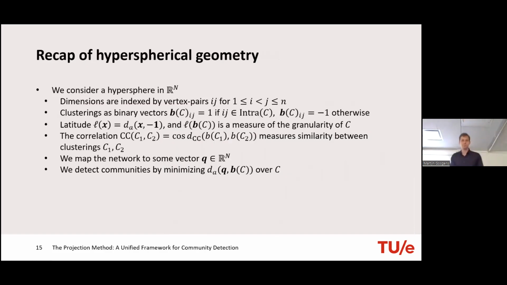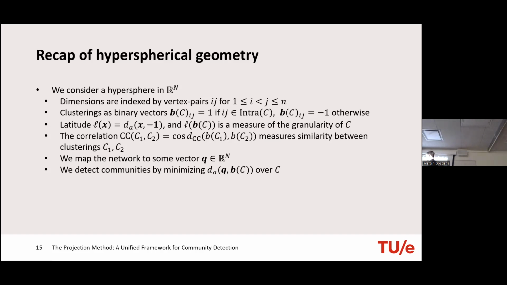So just a short recap. We are working in this hypersphere of dimension N, where this big N is n choose 2. We index all vectors by node pairs or vertex pairs. We represent clusterings as binary vectors with a 1 if they're in the same cluster and -1 otherwise.